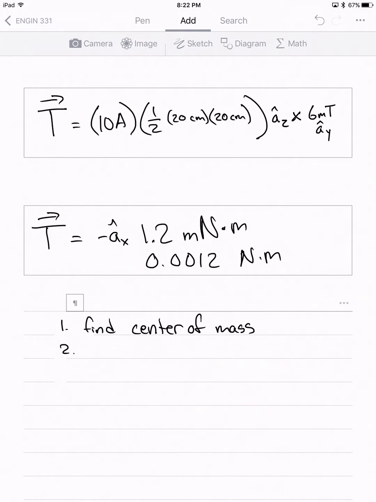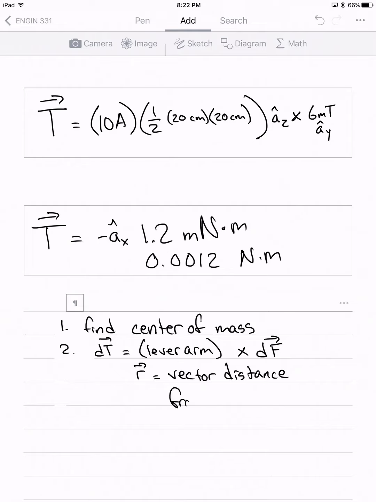And then 2, the differential unit of torque is going to be the lever arm crossed with the differential unit of force, where this lever arm r is the vector distance from the axis of rotation to dl, your differential length at which you're calculating dF.